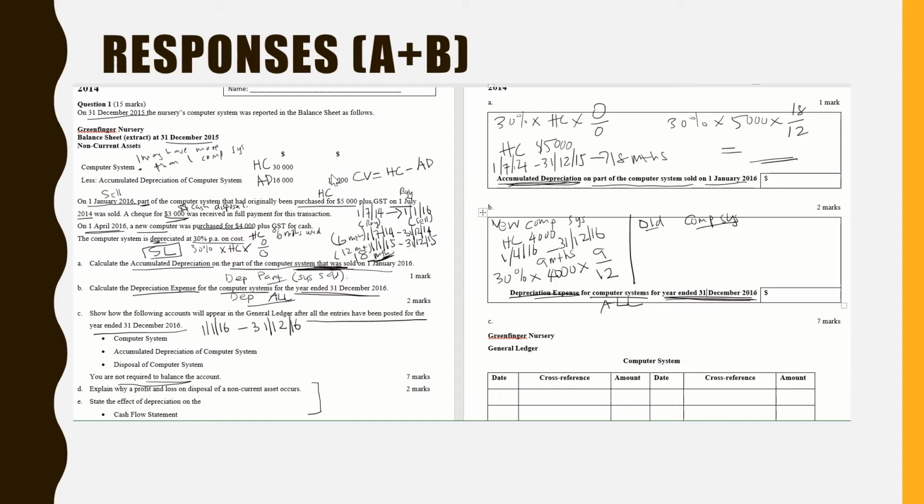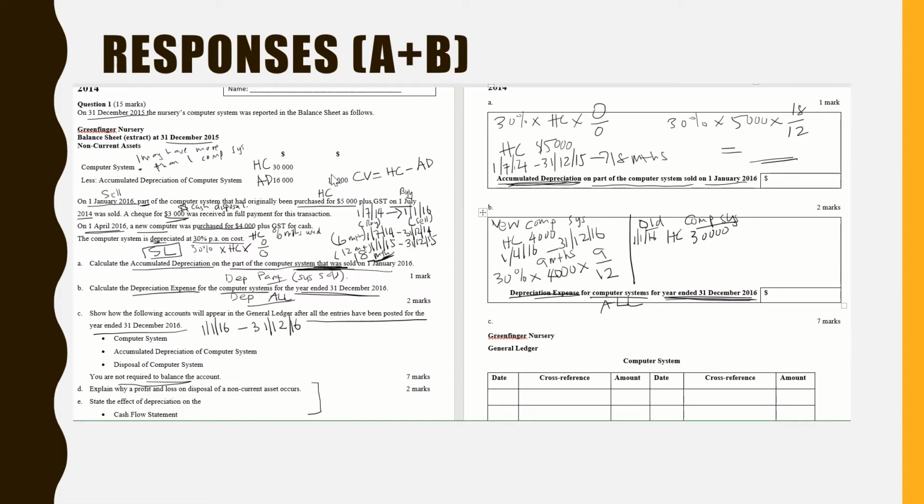So now this is the one where you have to think very carefully, and I'm going to work through this with you. On the 1st of January 2016, it says that I had computer systems totaling $30,000 historical cost.